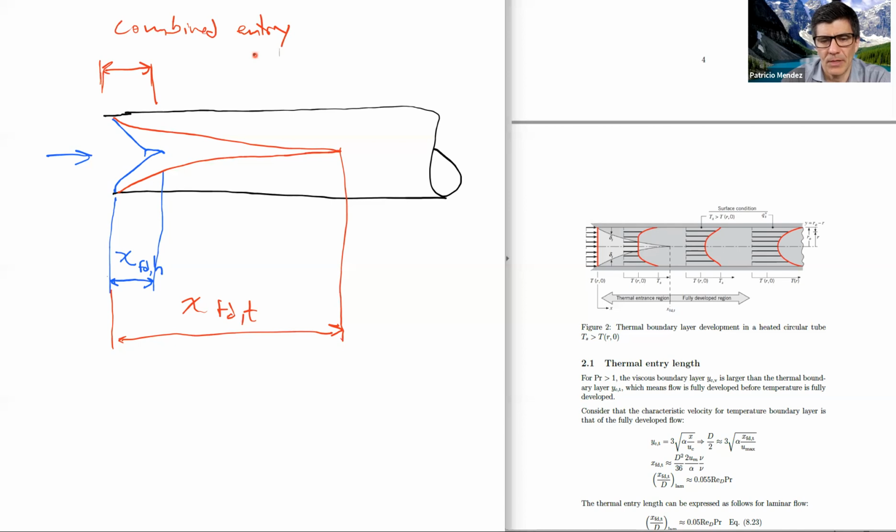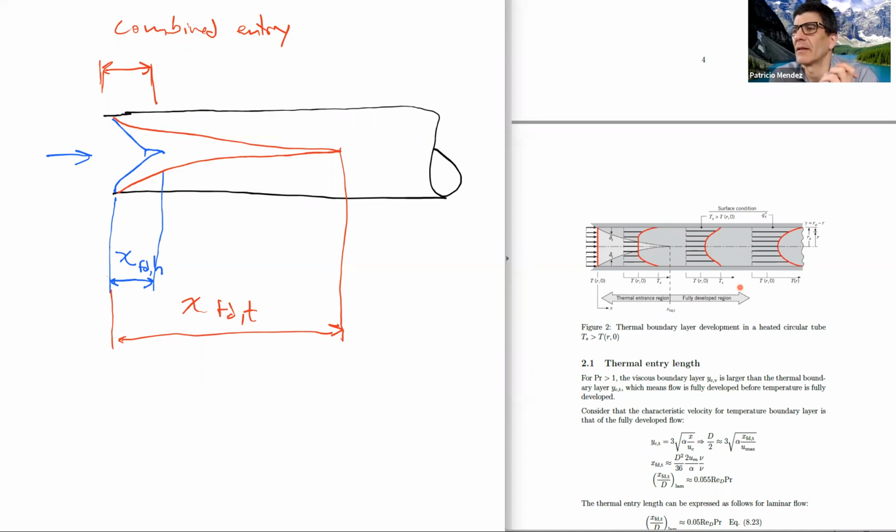Question to you: if Prandtl equals 1, is the thermal entry length longer, shorter, or the same as the hydrodynamic entry length? I would like to see this in the chat. I would love to hear somebody have a thought. Prandtl equals 1, similar to the case of air.